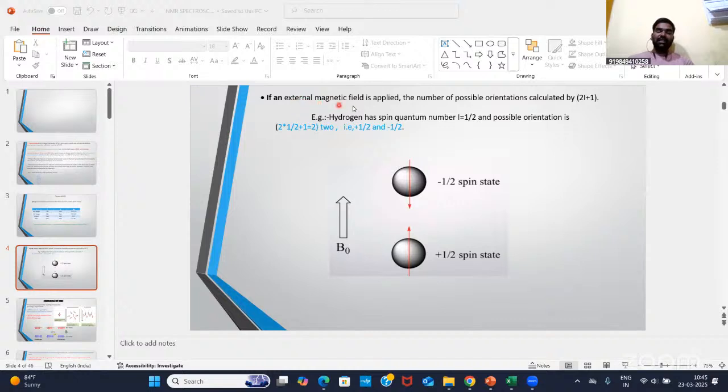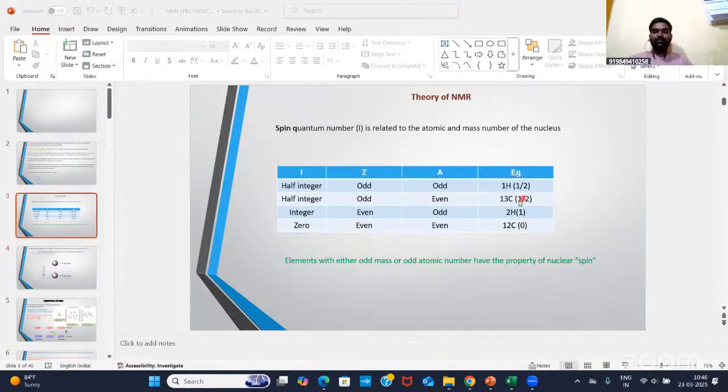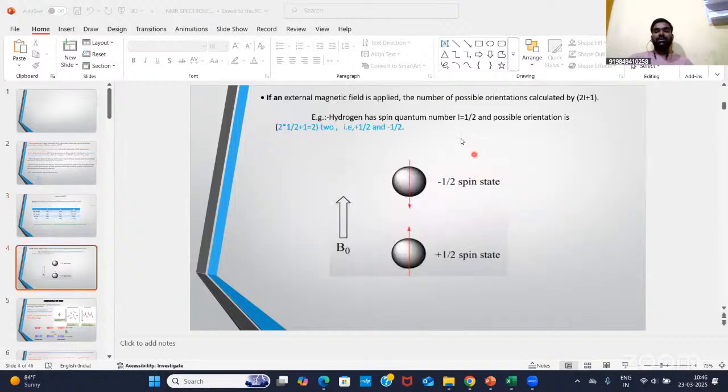So whenever an external magnetic field is applied, the number of possible orientations can be calculated by 2I plus 1. Take carbon 13 also: I is half here, so 2I plus 1 is 2. There are two states, two orientations possible for carbon also.